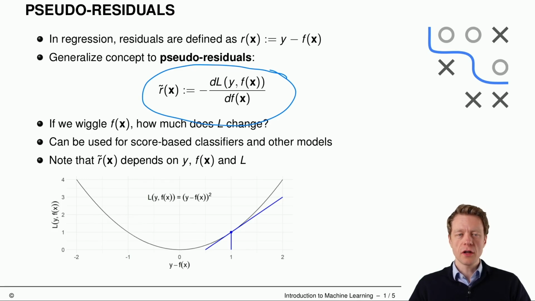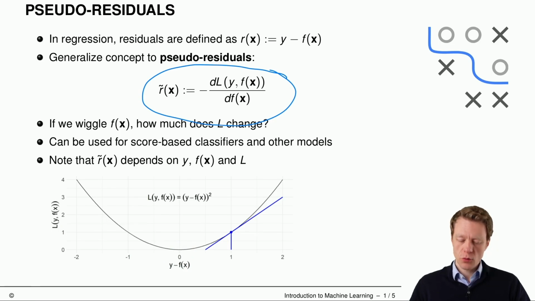This pseudo-residual r tilde depends on the target, of course, on the model, and also on the loss function. And perhaps this plot here helps a little bit. So on the x-axis we have the residuals, y minus f. For L2 loss, the residual should be 0, it would be optimal, of course.